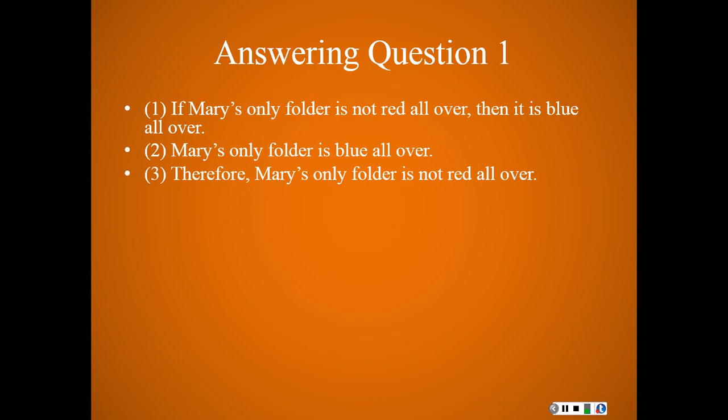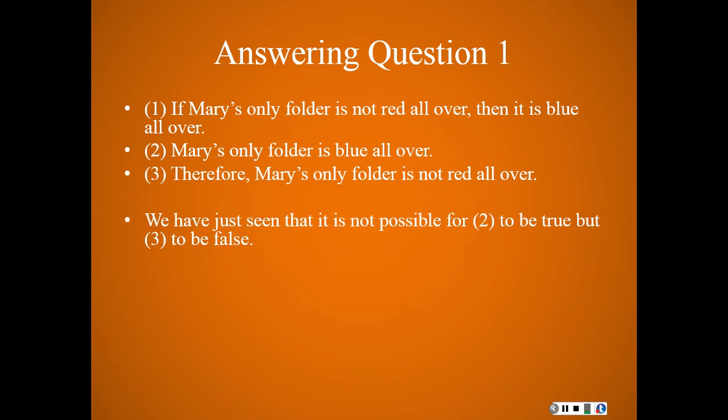Okay, well, if you agree with me on that, then you should agree with me that it is not possible for the second premise of this argument to be true, but for the conclusion to be false. That is, if in fact Mary's only folder is blue all over, then it's not possible that her only folder is also red all over.